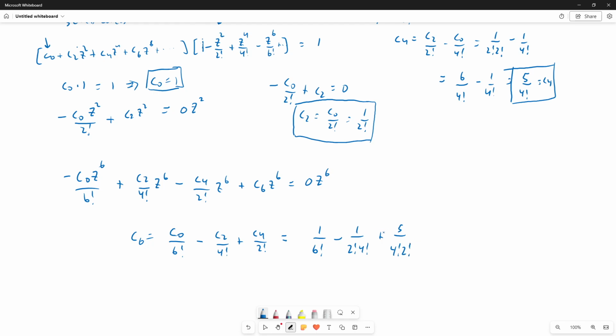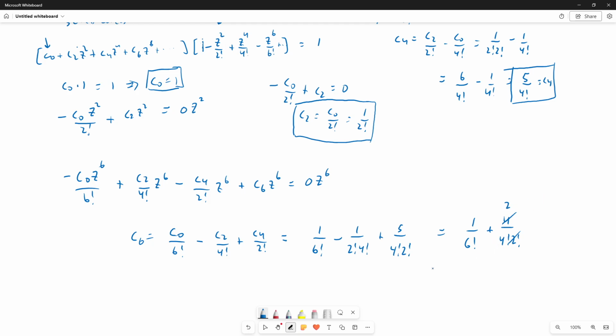Okay, these two have the same denominator, so let's just add those. This is 1 over 6 factorial plus 4 over 4 factorial, 2 factorial. And let's cancel this 4 and the 2 factorial. That leaves us with 2 on the top.